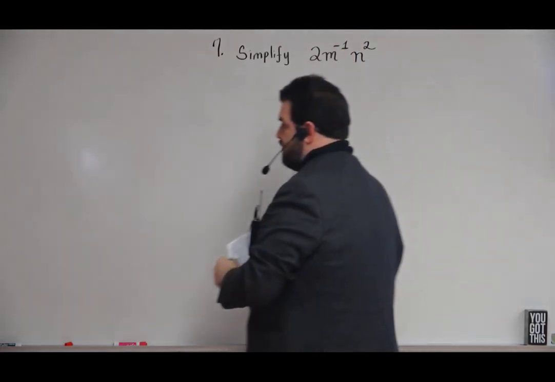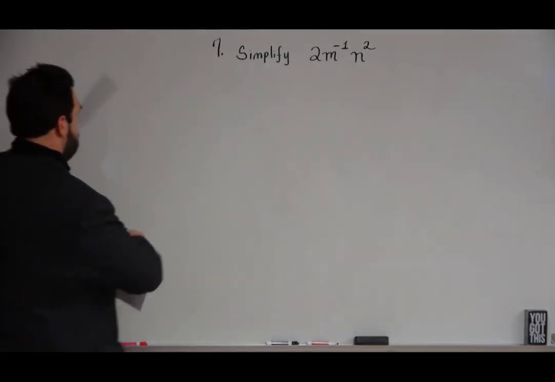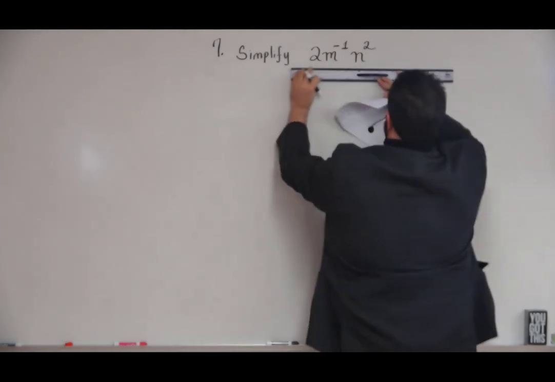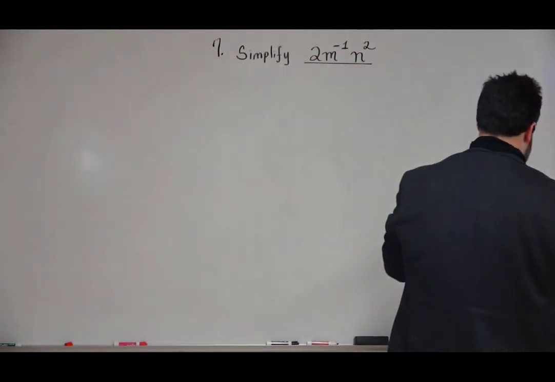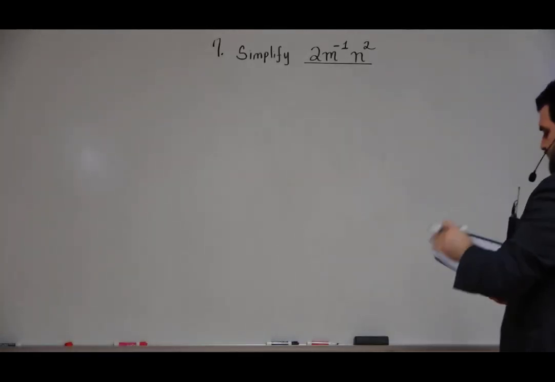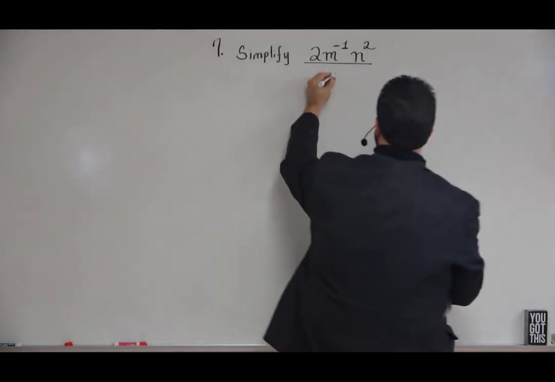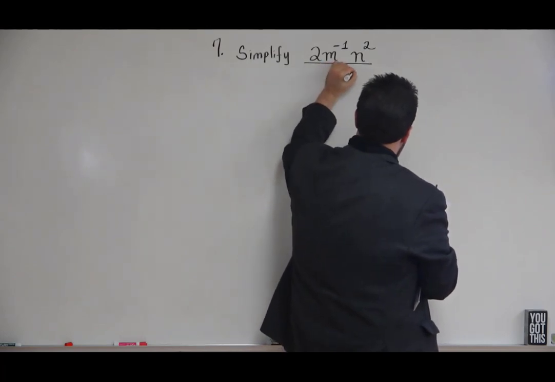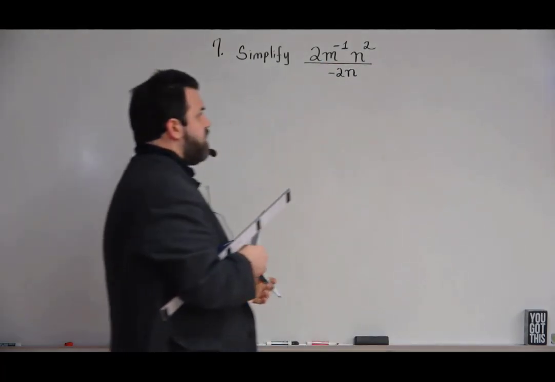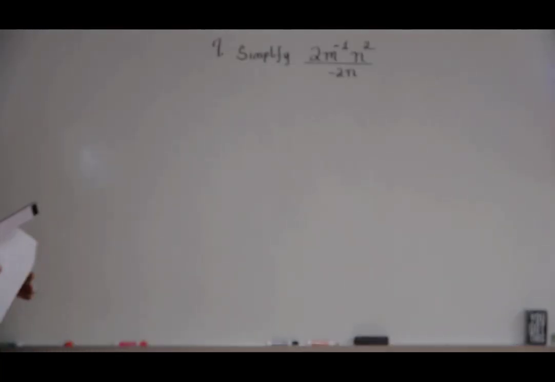And then I'm going to use my ruler to draw this straight line. Okay. And we put negative 2n on the bottom. Negative 2n. All right, so this is what we have to deal with.